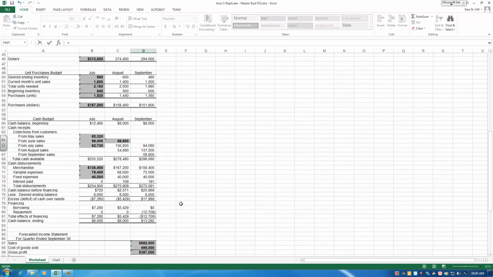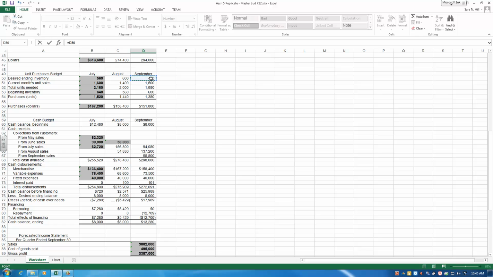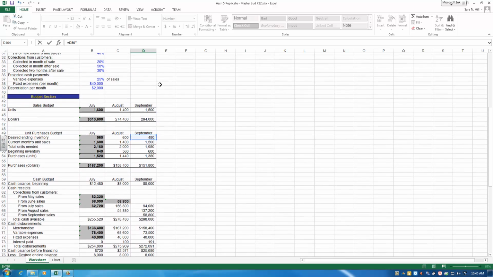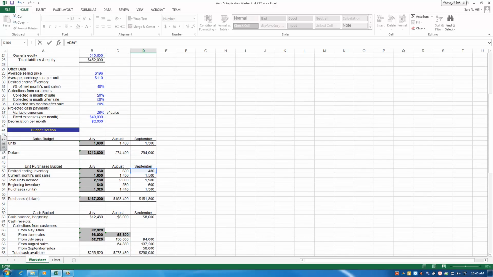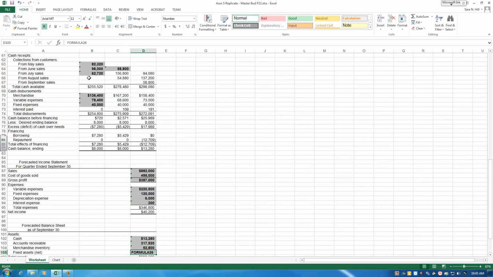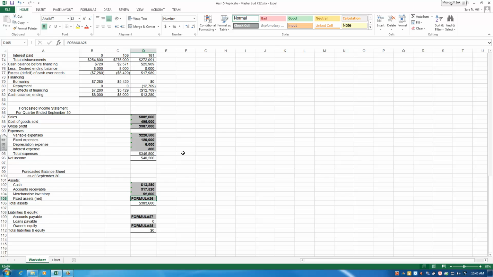Go back up to our D50. Okay. Then we're going to multiply that, because this is in units, by our average purchase cost per unit. Okay.